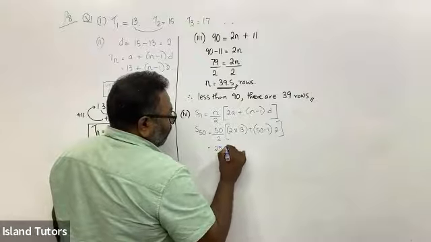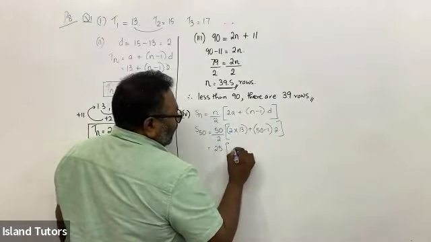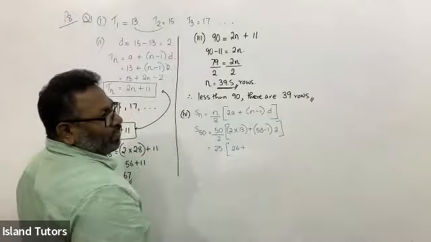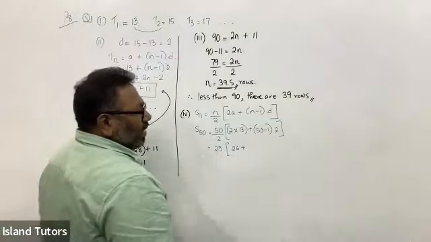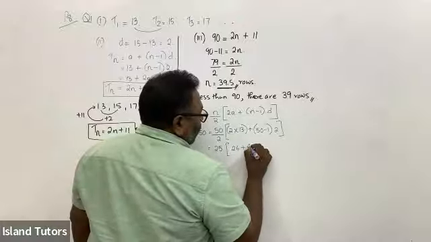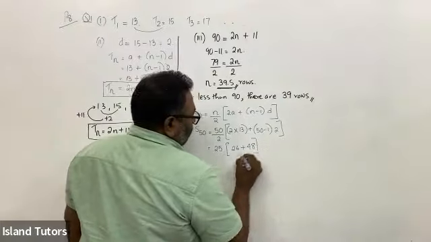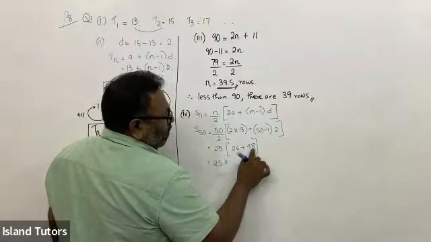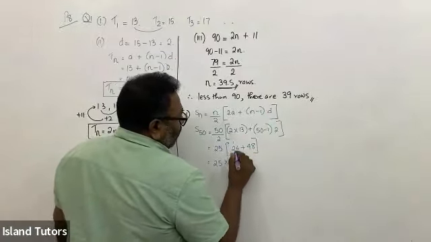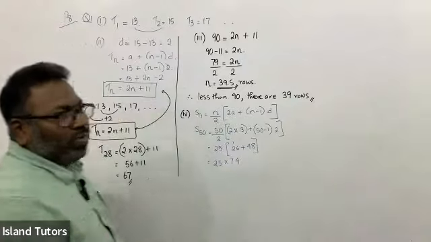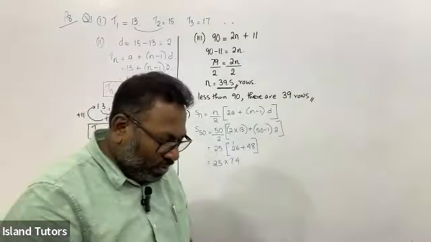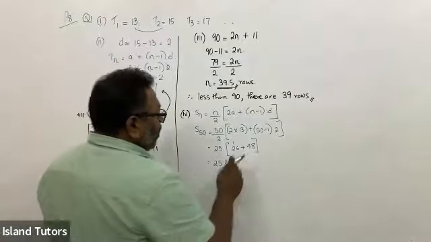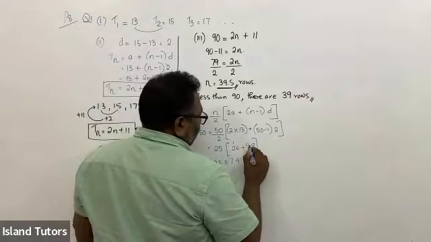This is 25. 2 into 13 is 26. 50 minus 1 is 49. 49 into 2 is, sorry, this is not 48, should be 98.